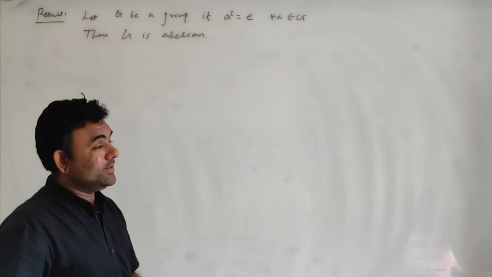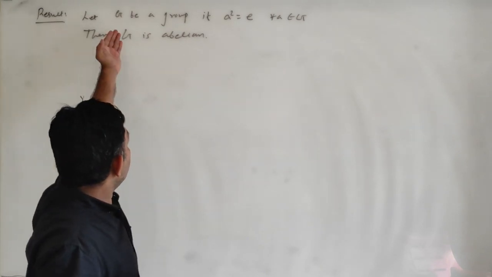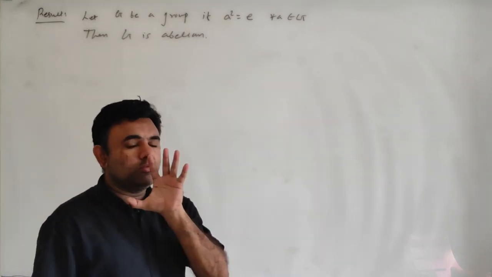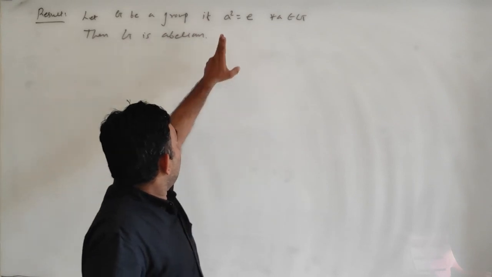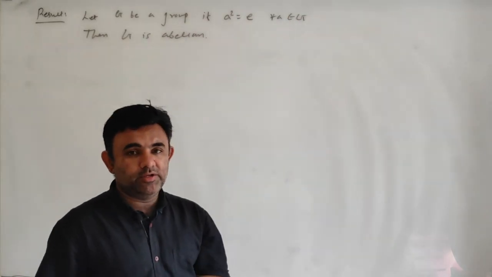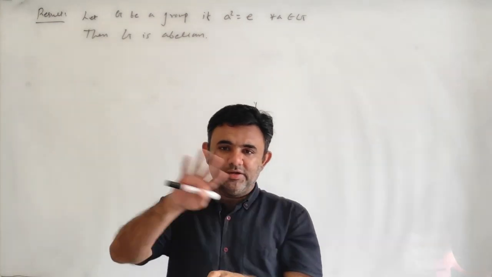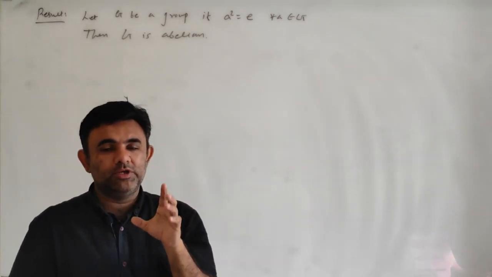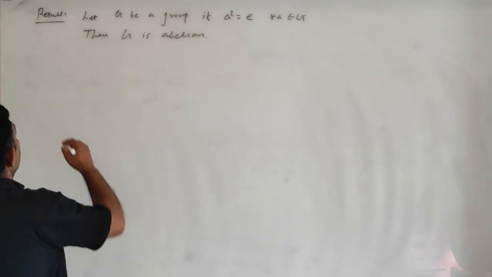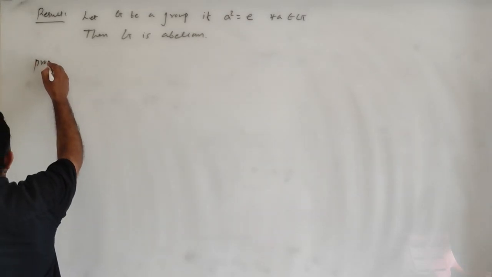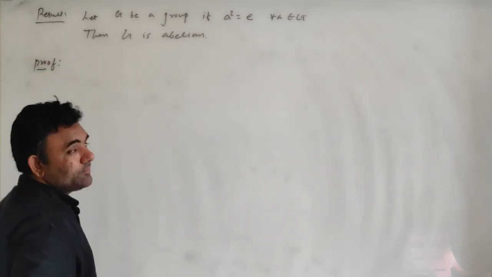This is also a very nice result. You start with a group and suppose you have this information that the square of every element is identity. You take any element of the group and its square is identity, then your group must be abelian. So let us prove this result.